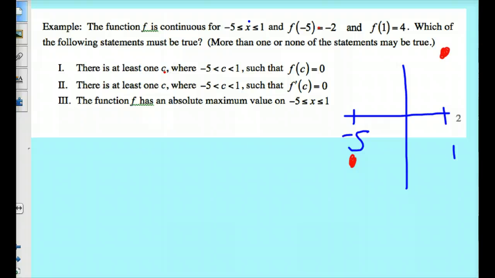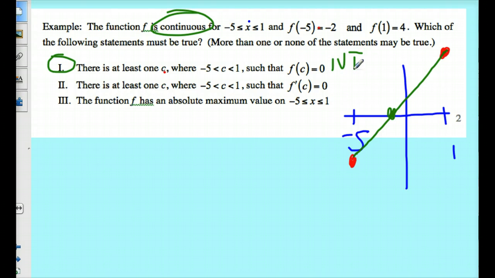So what I notice is if I had to connect these dots, because remember it's continuous, so I know there's no holes, jumps, or gaps, do I have to hit 0? Well, yes, because one side's negative, one side's positive. So no matter how this graph looks, it's going to have to hit 0 at least once. So I know this one's true, and that's with the intermediate value theorem from last semester.